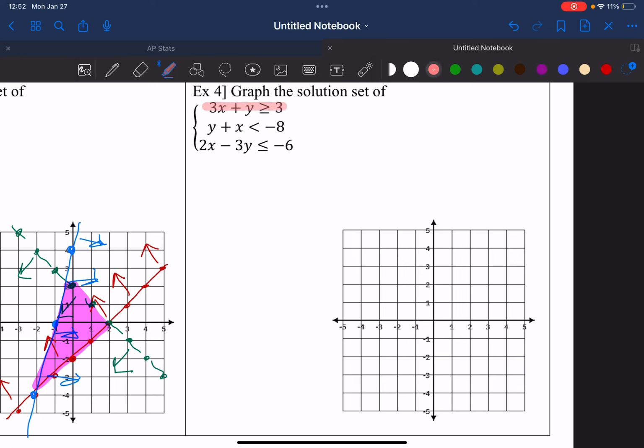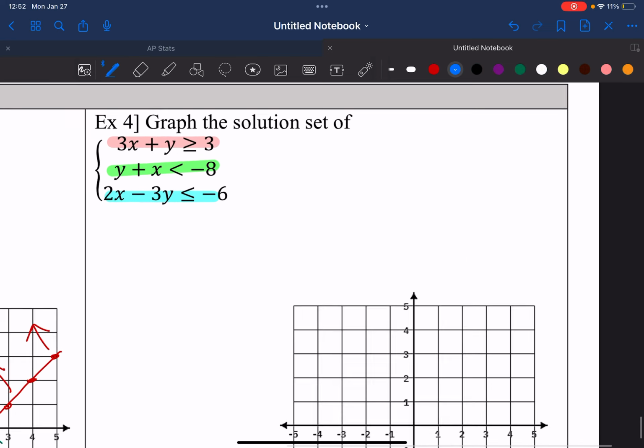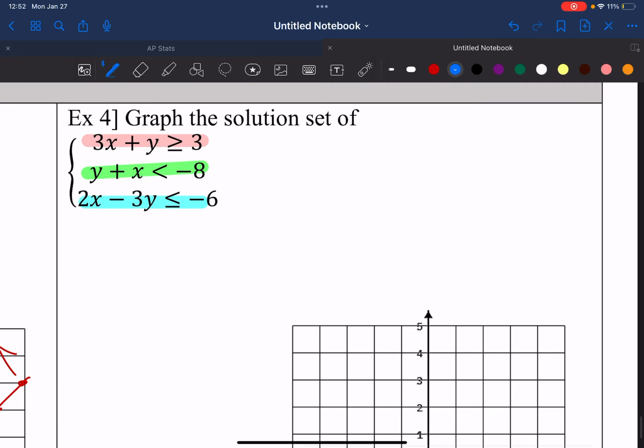Notice now that our equations no longer have y isolated. So I'm going to have to isolate that first. In order to do that for the first one, I'm going to have to move the 3x over. So this becomes y is greater than or equal to negative 3x plus 3. For the next one, I'm going to have to move the positive x over.